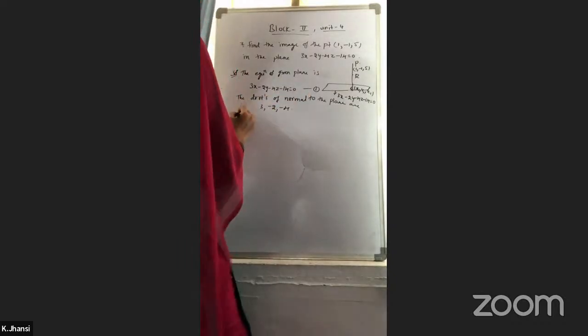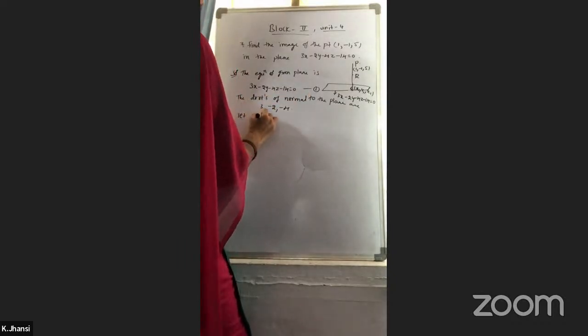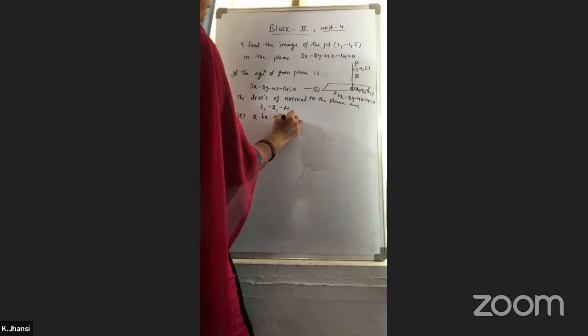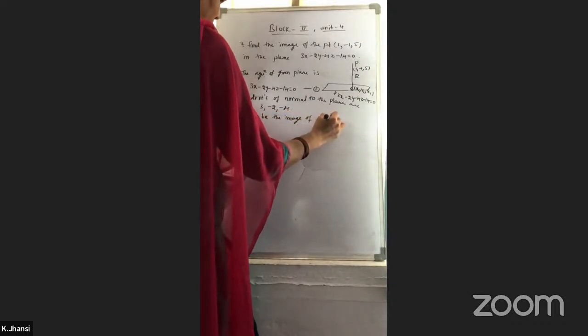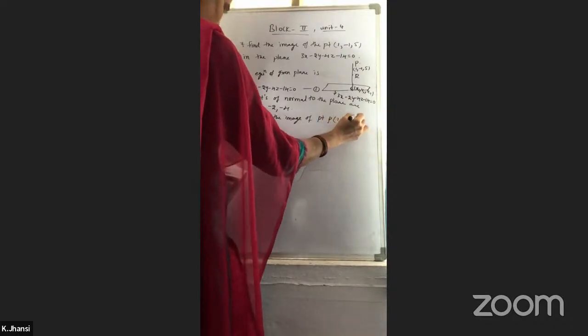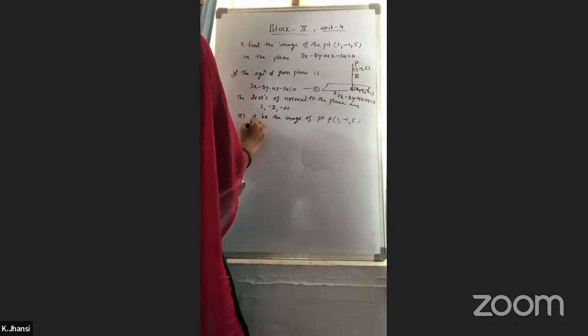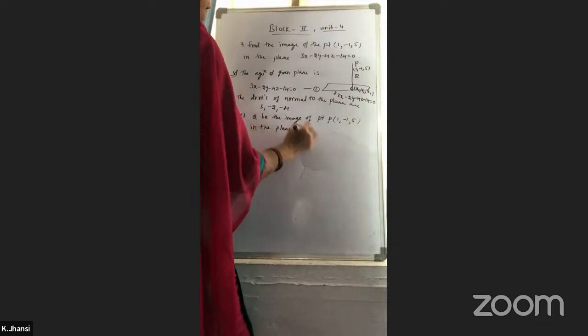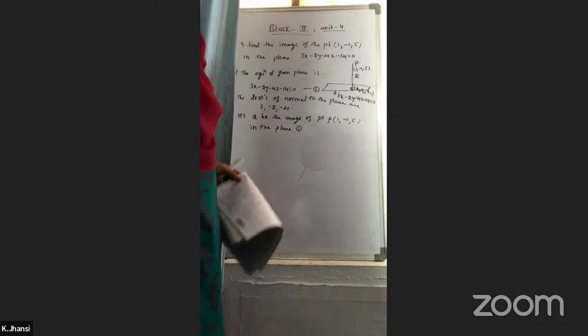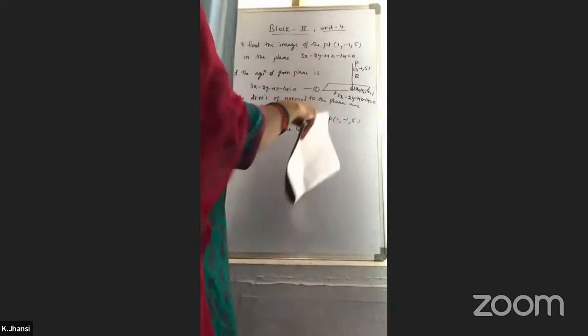Okay. Let Q be the image of the point P, that is 1 comma minus 1 comma 5, in plane 1. Okay. This PQ is the image of the point P on the plane.